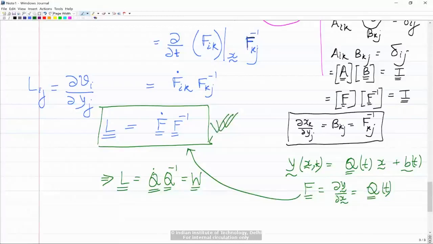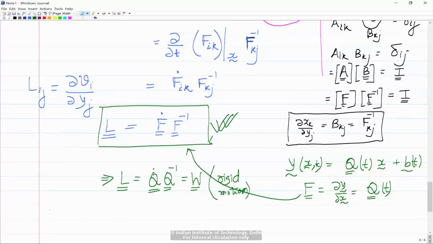All right. Now this L, as I told you, it's a very interesting quantity. For the rigid body motion, this L is antisymmetric, right? This L is W only for rigid body motion. But for a general motion, L is not antisymmetric. It has both symmetric and antisymmetric part. Okay.